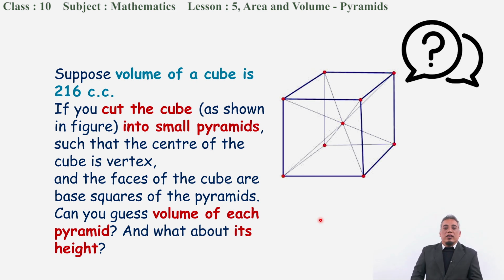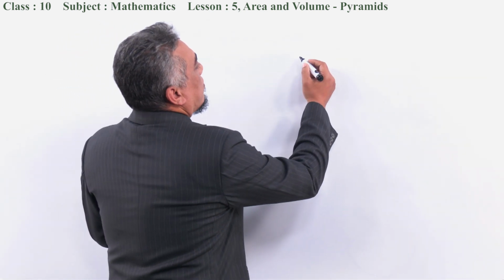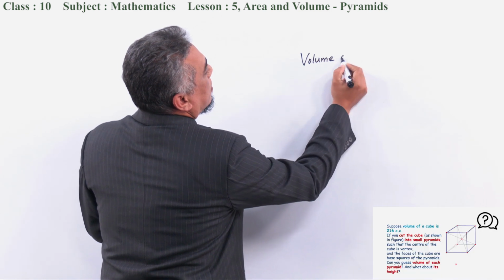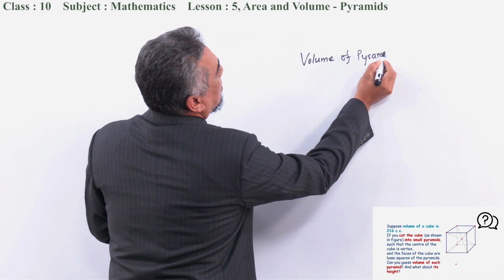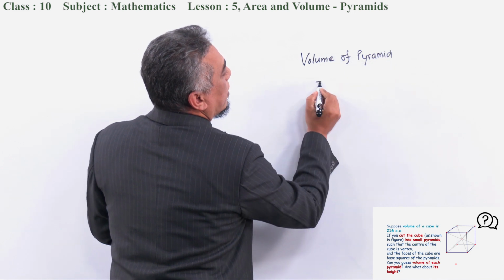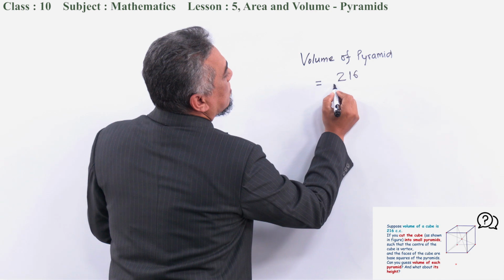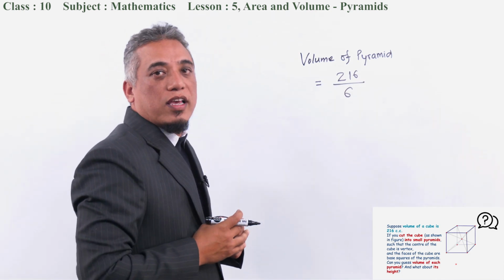Now, it makes it easier to estimate the volume of a pyramid as these all 6 parts are equal. Volume of pyramid will be 216 divided by 6 because all the pyramids are equal.